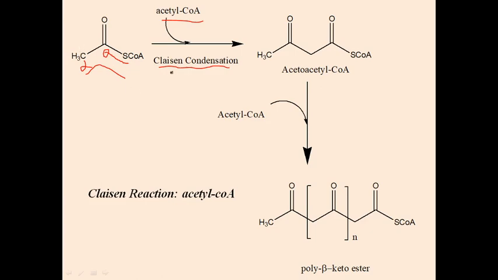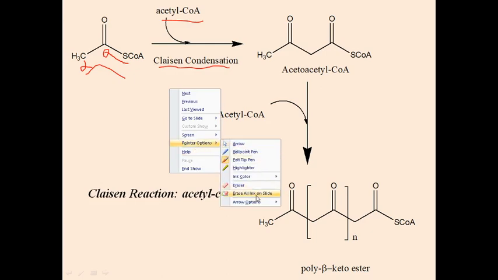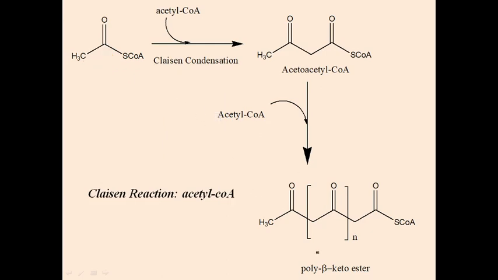I have made a video on Claisen condensation, you can see there. This reaction is for your simple understanding of how poly beta ketoester is formed. It is not that the reaction goes like this in plants or other microorganisms.